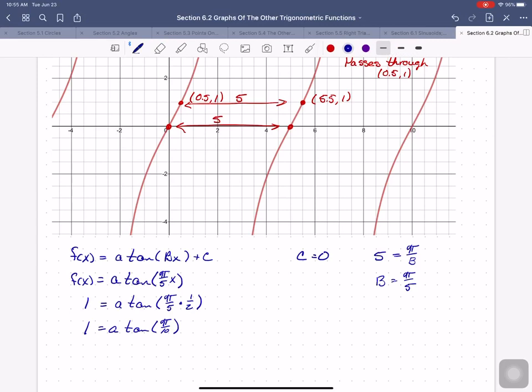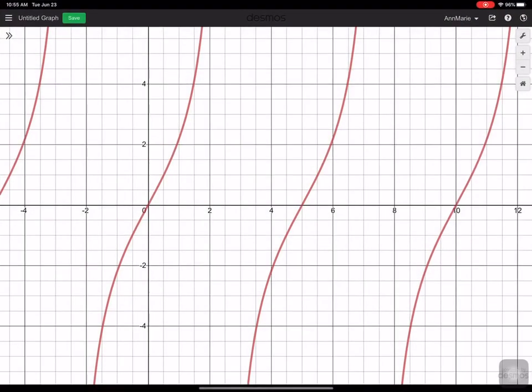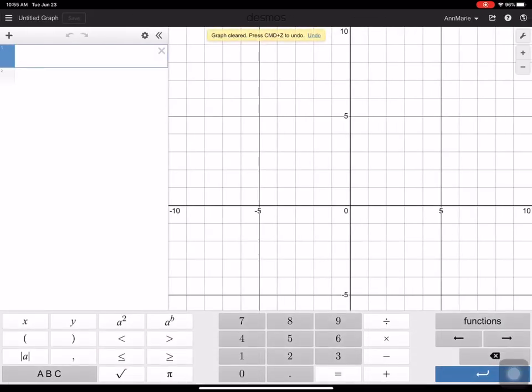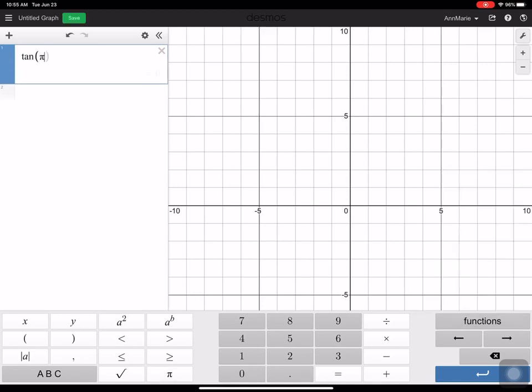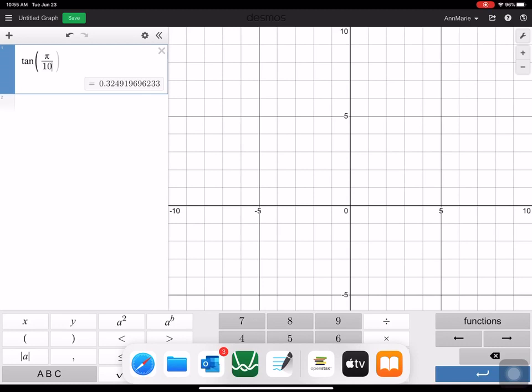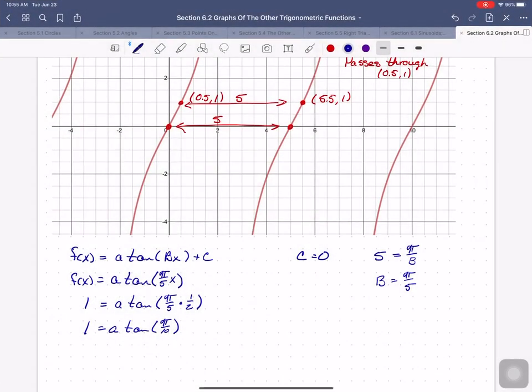And the reason I don't like it is because pi over 10 is not a special known unit circle value. But that doesn't matter because I can come to Desmos and find the tangent of pi over 10. And it gives me 0.3249. So that means 1 equals a times 0.3249, which means that a is 1 over that.